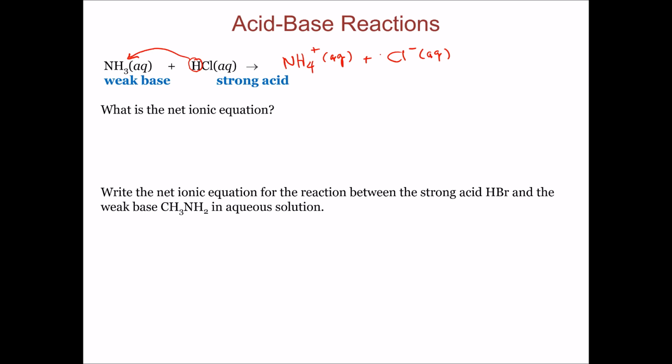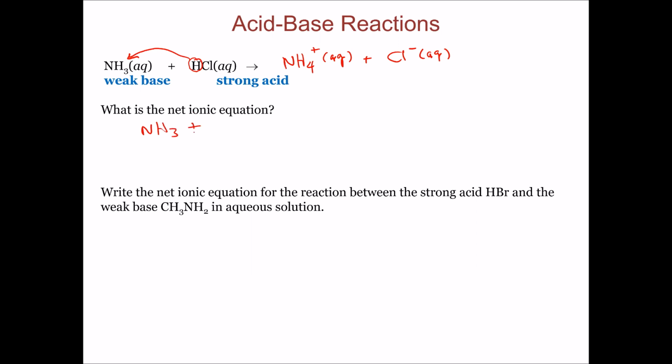If we look at the total ionic equation in this case, any weak acid or weak base is not going to dissociate, so it's going to remain the same. NH3 is going to remain the same.